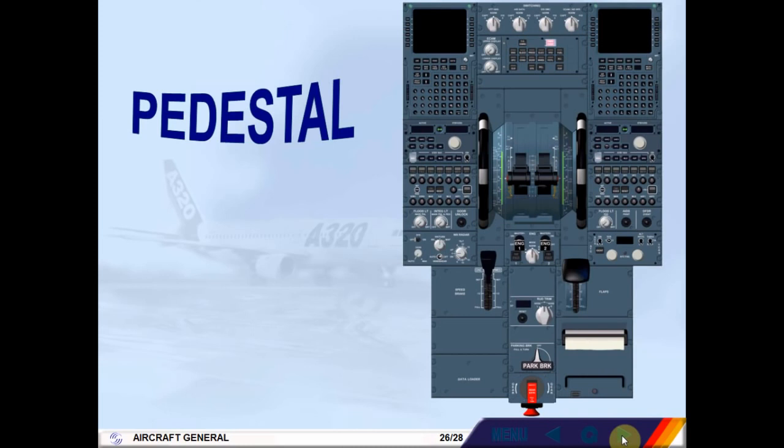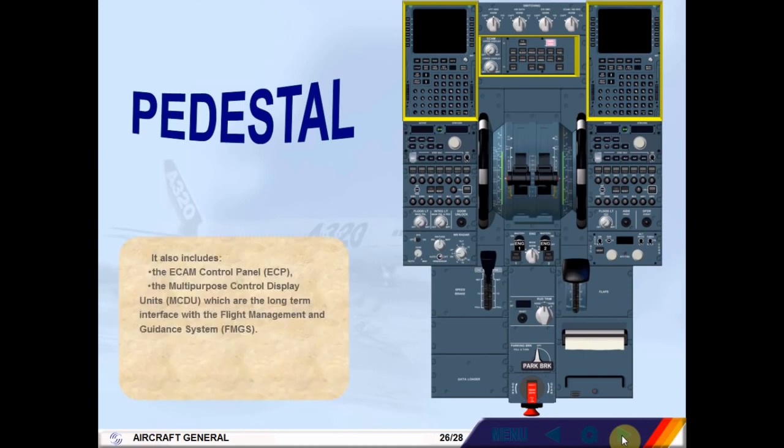It also includes the ECAM control panel, ECP, the multipurpose control display units, MCDU, which are the long-term interface with the flight management and guidance system, FMGS. Click on the back arrow to return to the cockpit, or on the forward arrow to continue.